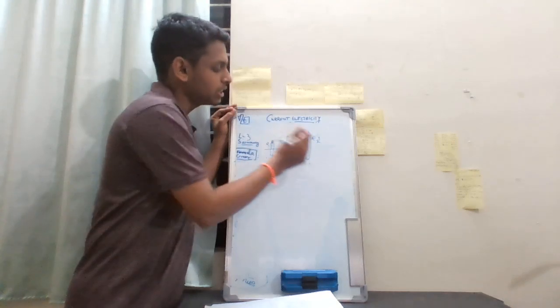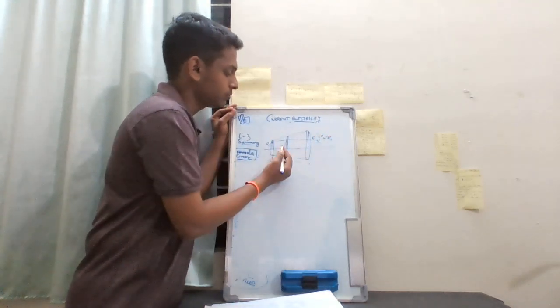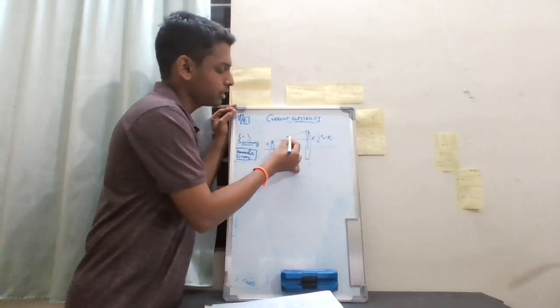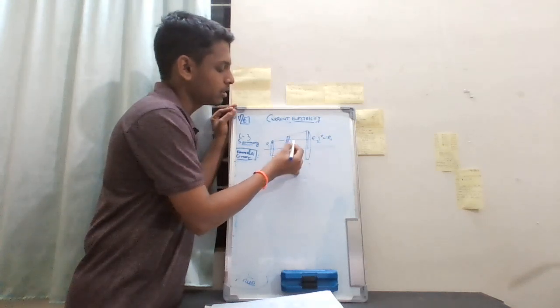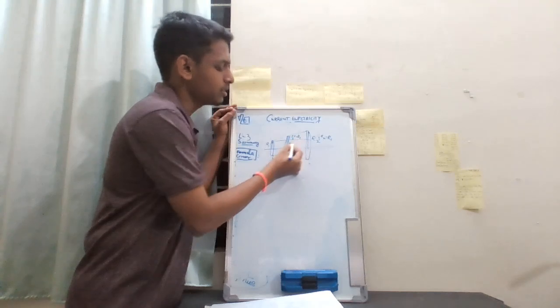By the similar triangle rule, if we consider r, then this little space here would be r minus R1.